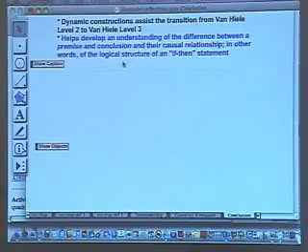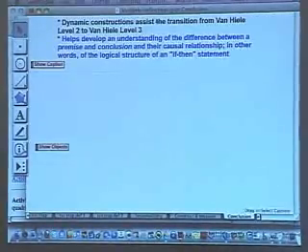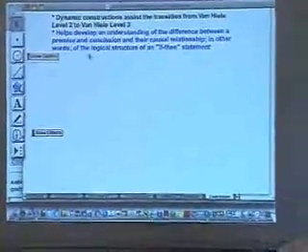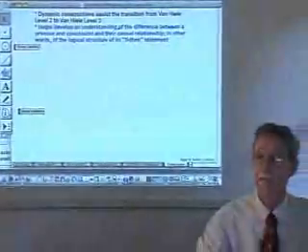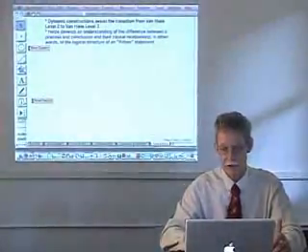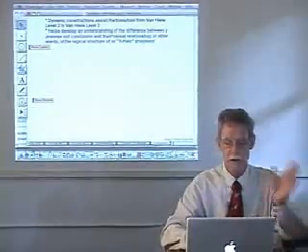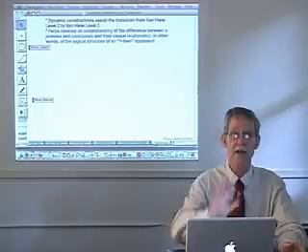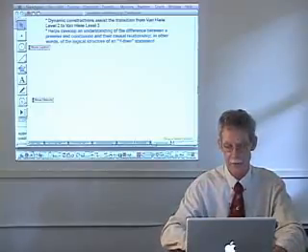To summarize, dynamic constructions assist the transition from Van Hiele level 2 to Van Hiele level 3, and specifically help develop understanding of the difference between a premise and conclusion and the causal relationship. In other words, understanding what an if-then statement really means.